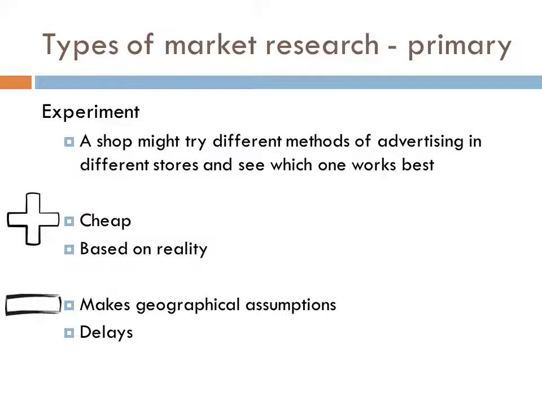Benefits of this: it's a relatively cheap way of finding out customer preferences, and it considers actual customer behaviour rather than opinions given in questionnaires. That's really important. If the research that we have is based in reality, it's more likely to be useful than if it's something that we've gathered in terms of opinion.